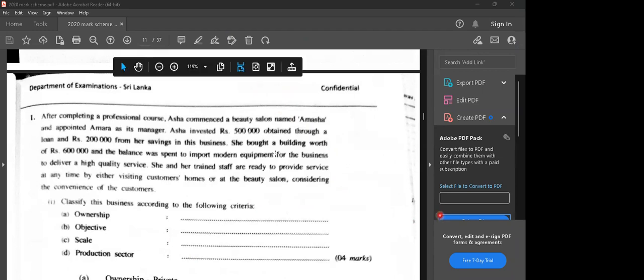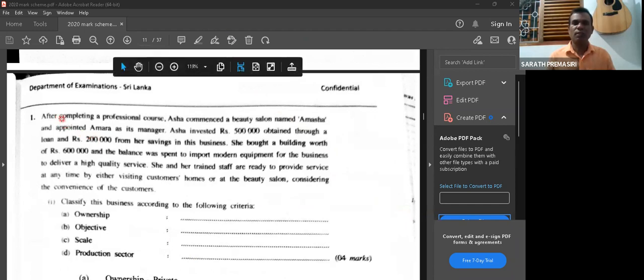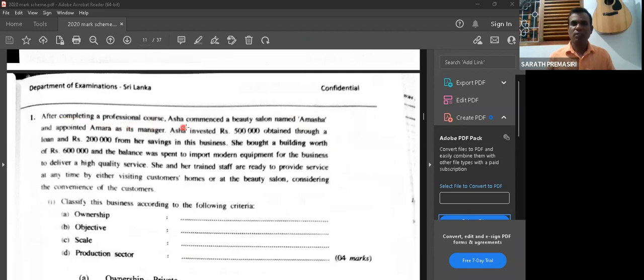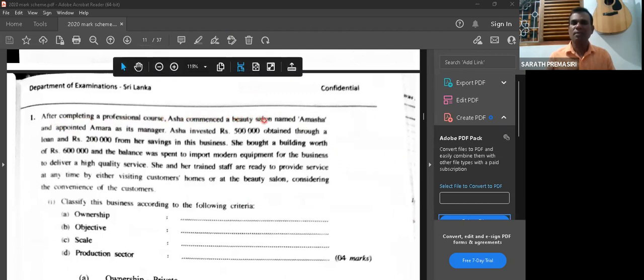A strength is she has trained staff. Yes, yes. Now here you see, she has completed a professional course. You see that Asha has completed a professional course on beauty culture. That is one strength.